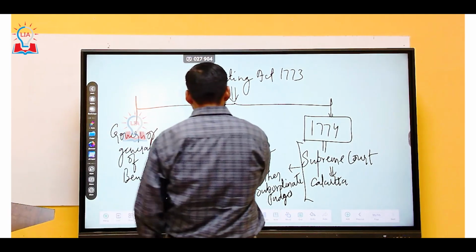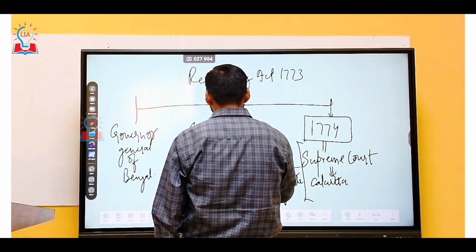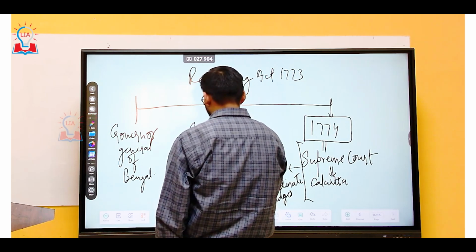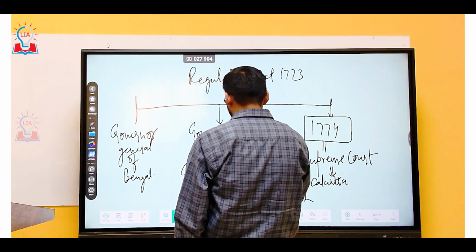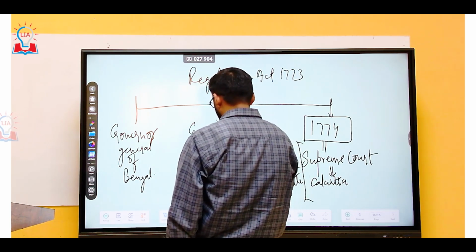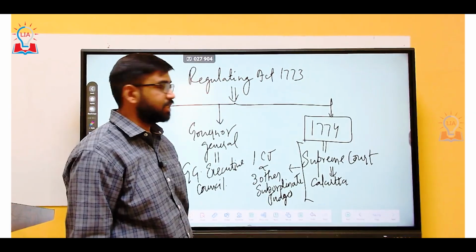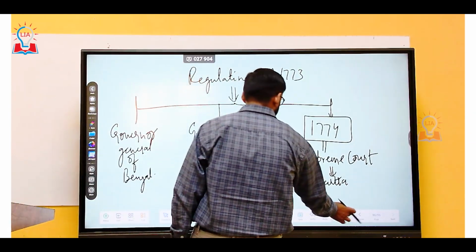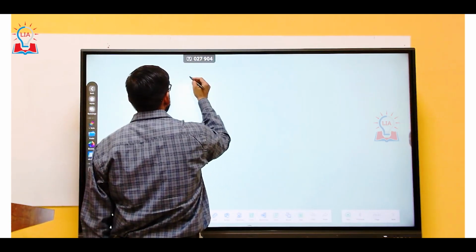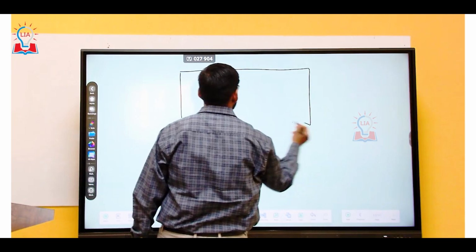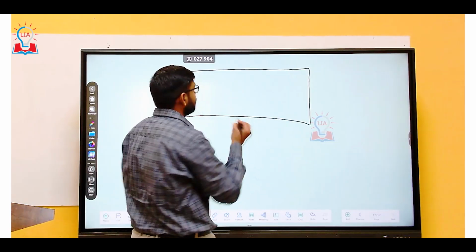Then apart from this, the Governor General will have his Executive Council. That means all the decisions will be taken by the Governor General Executive Council. So this is the structure. Structure in the sense, how many members were there?